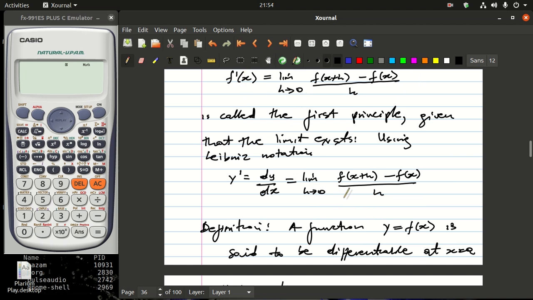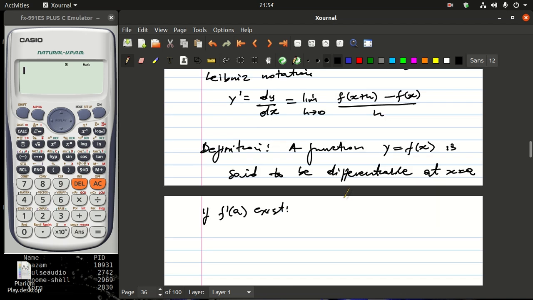Now, if you look into this, this function is said to be differentiable if this one exists, or in other words, if a is in the domain of f prime of x.